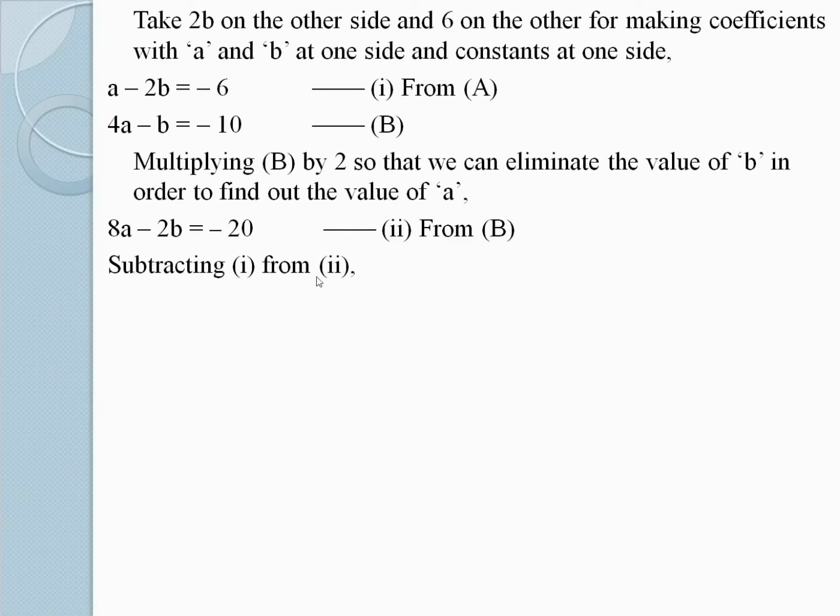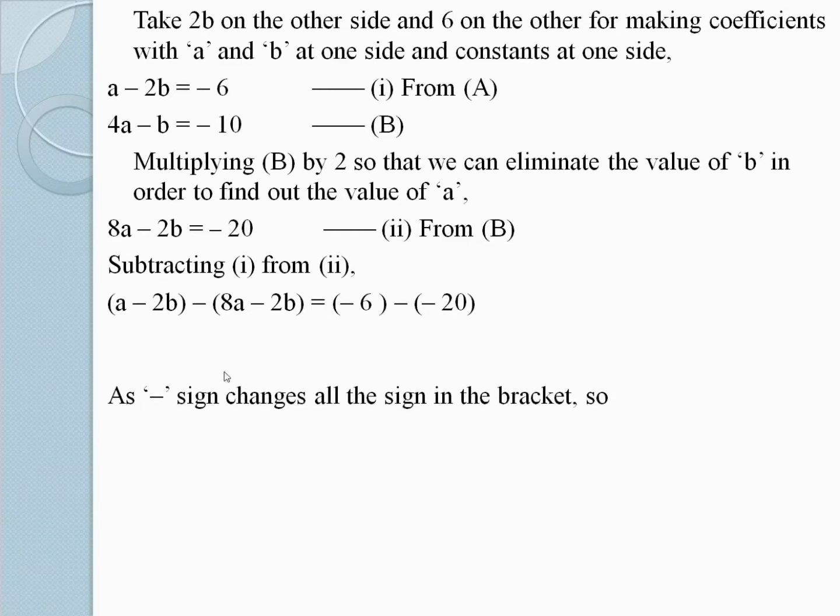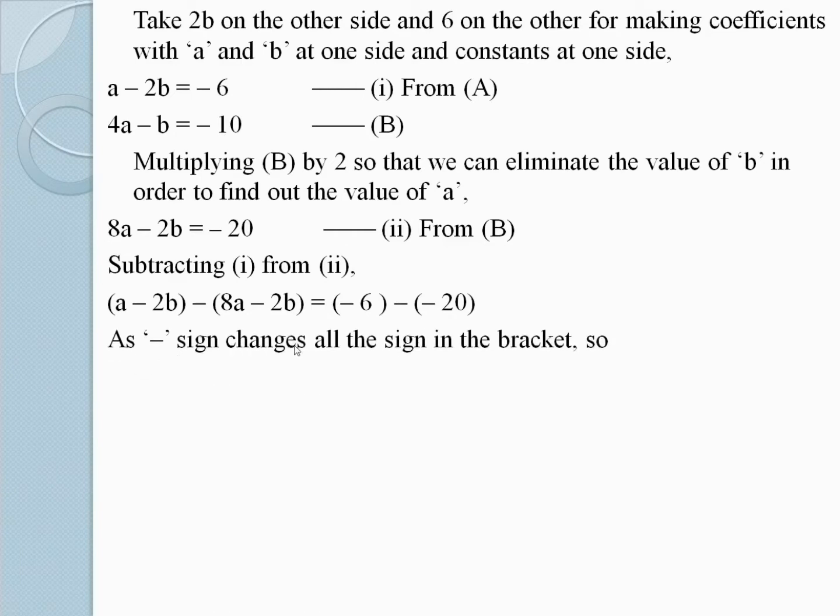Subtracting 1 from 2. a minus 2b minus (8a minus 2b) equal minus 6 minus (minus 20). As minus sign changes all the signs in the bracket, a minus 2b minus 8a plus 2b equal minus 6 plus 20.